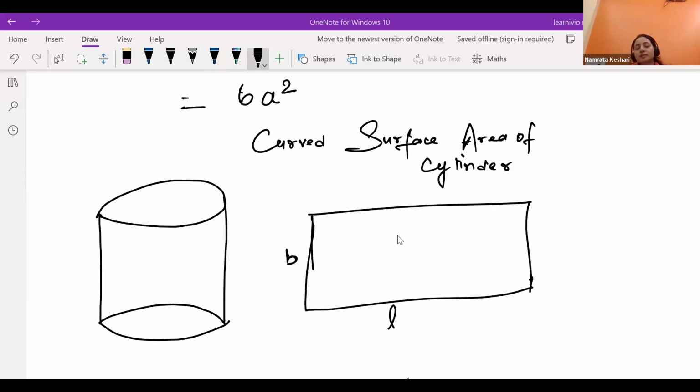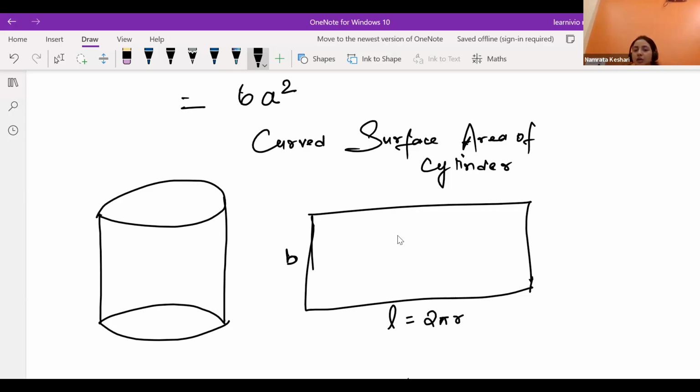So the length is getting converted into the circumference of the circle. The formula is 2 pi r. And we are just giving it the shape of a cylinder.